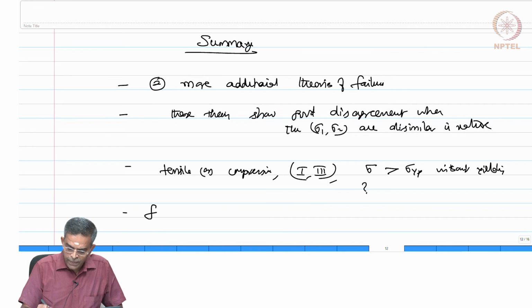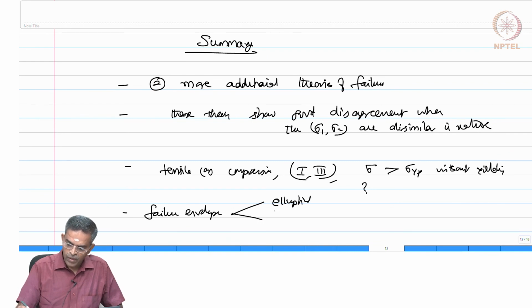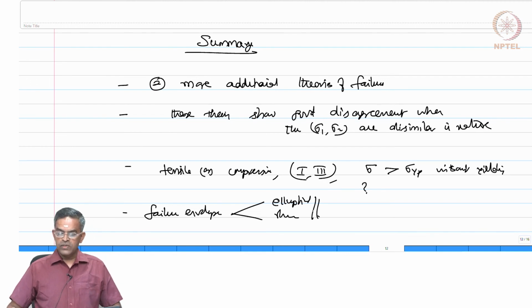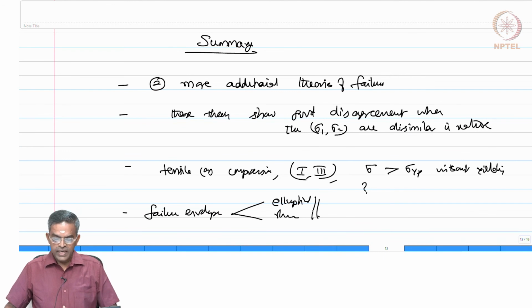And the failure envelope is elliptical or a rhombus, depending upon the pattern you assume. So, it is very interesting and critical to guess what theory will be used for assessing the failure condition, because at failure condition the engineer desires to know what is the stress.